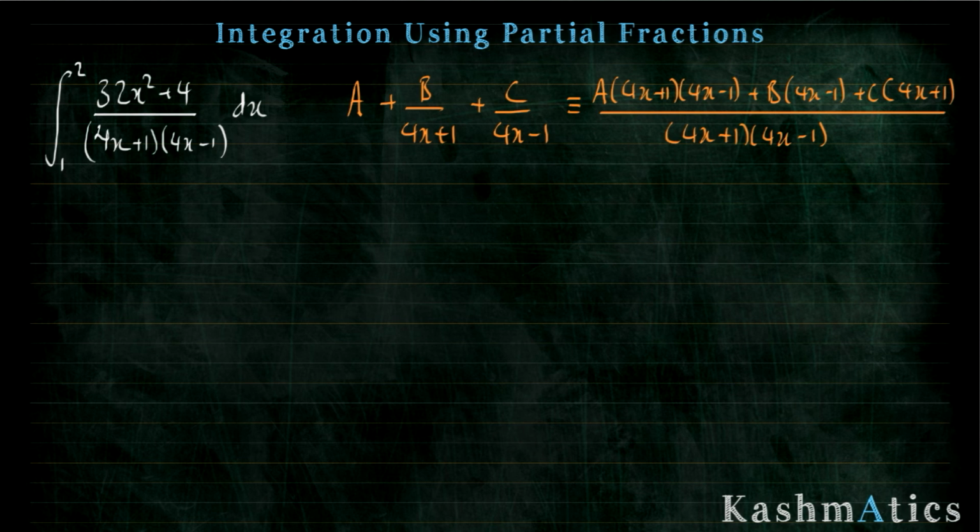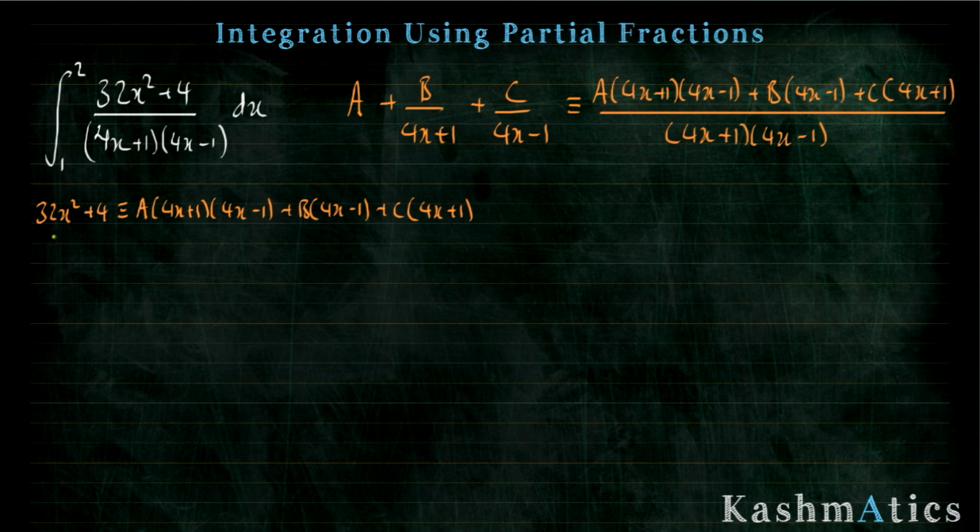And what we can do now is compare numerators and then work out what a, b and c are. So we've got 32x squared, add 4 is equivalent to a multiplied by 4x plus 1, 4x minus 1, add b multiplied by 4x minus 1, add c multiplied by 4x plus 1.